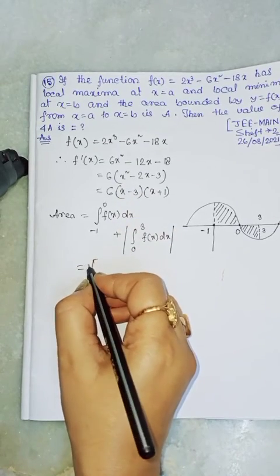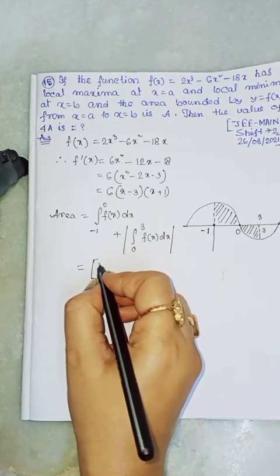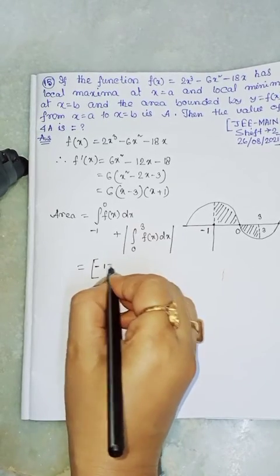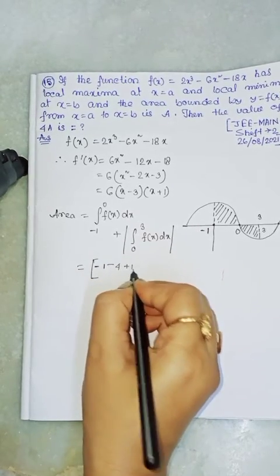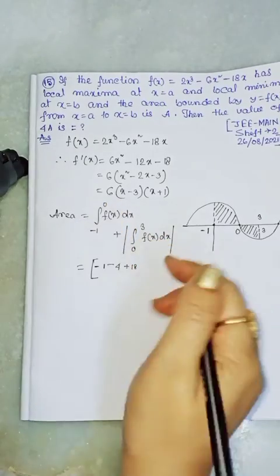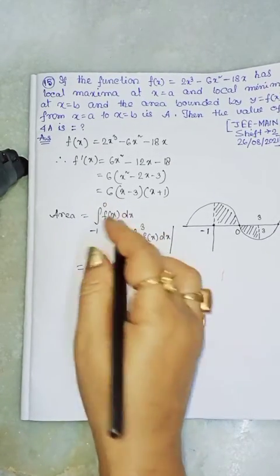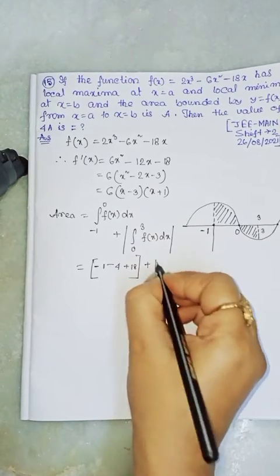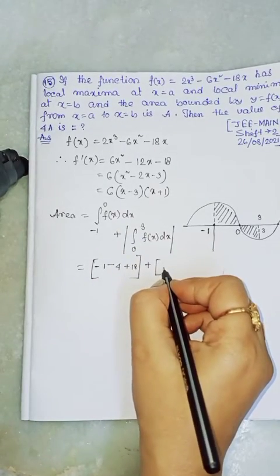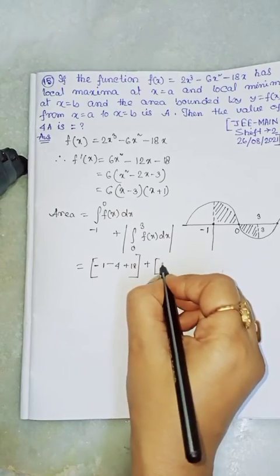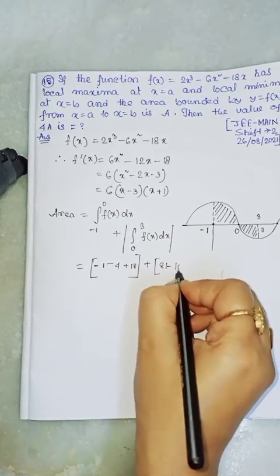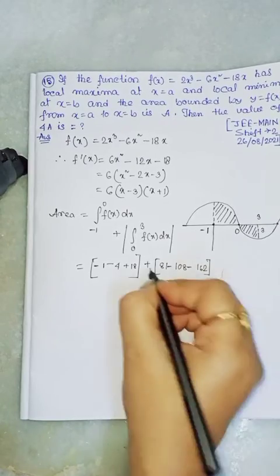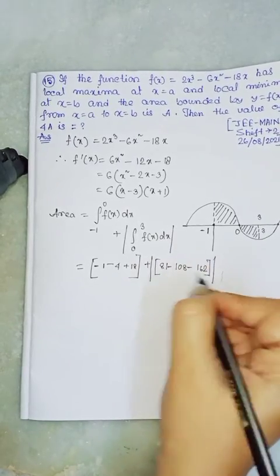Here we get this one equal to minus 1 minus 4 plus 18, upper limit 0, lower limit minus 1. So this one becomes this and the last one becomes 81 minus 108 minus 162, and mod is here.